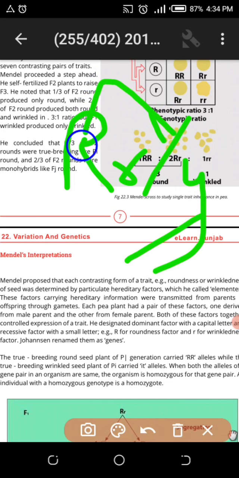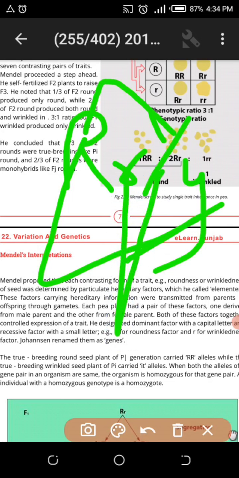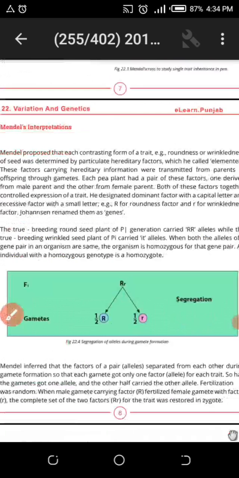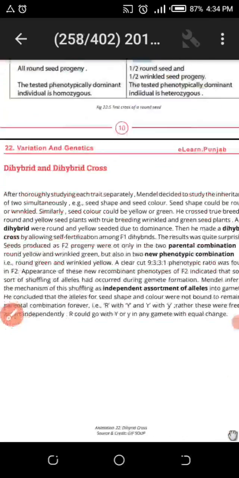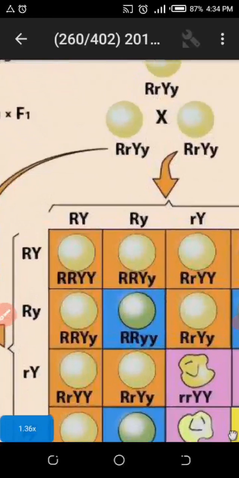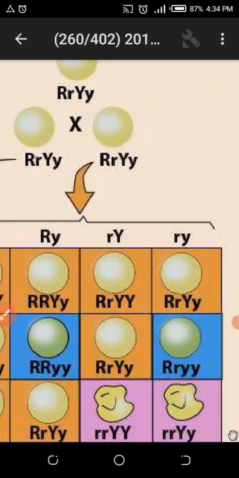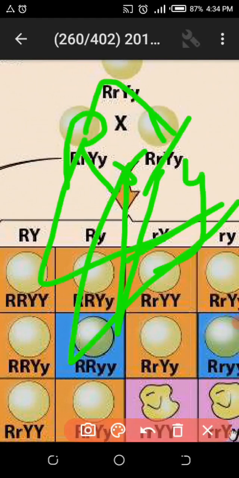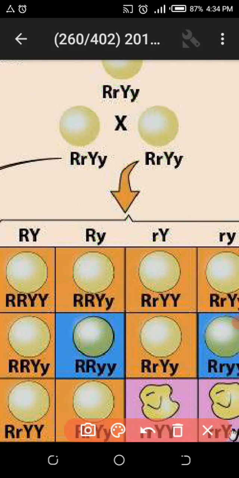Capital R can go with small y, small r can go with capital Y, small r can go with small y. Now by taking this concept, I will make the gametes once again, and you will see. You will see capital R here in this case had a chance to go with capital Y, so that's why it became capital R, capital Y.